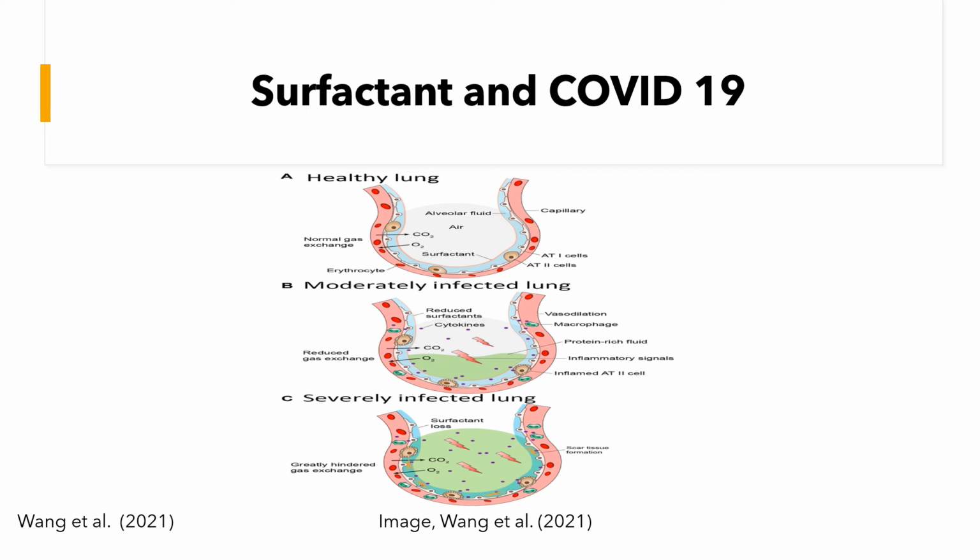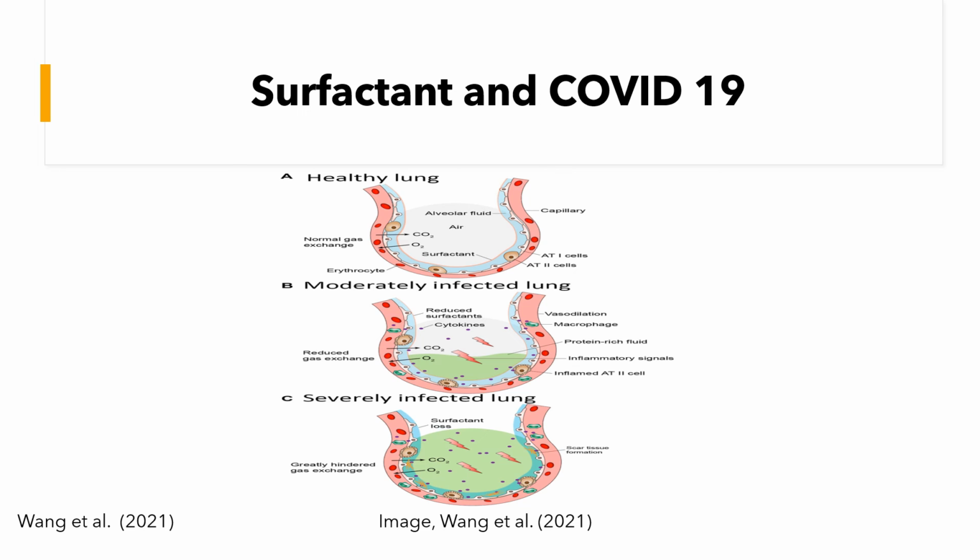We have all been affected by COVID-19 in some way, but for this research, if they can find exactly how to use surfactant replacement, it could be life-changing for some people with COVID-19. So research on severe acute respiratory syndrome coronavirus 2, SARS-CoV-2, and surfactant replacement therapy is underway.